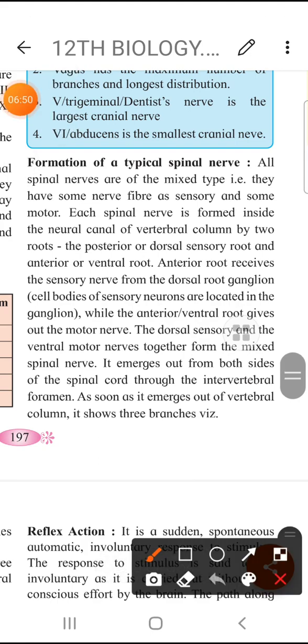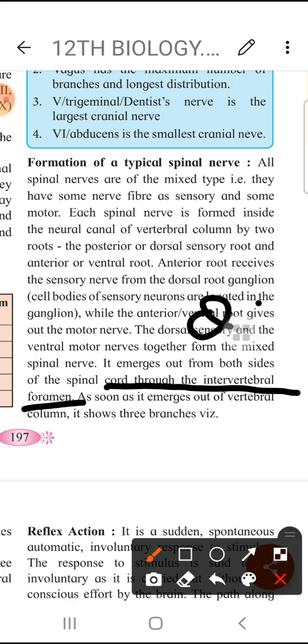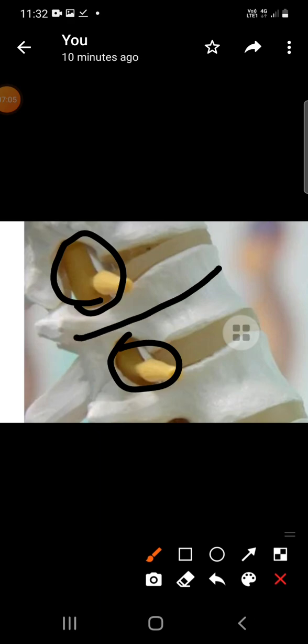Very important word. There's a question also. The spinal cord is enclosed, but where do they come out from? How do they come out? They come out through the intervertebral foramen. You can see here a gap in this vertebral column. This is the vertebral column.